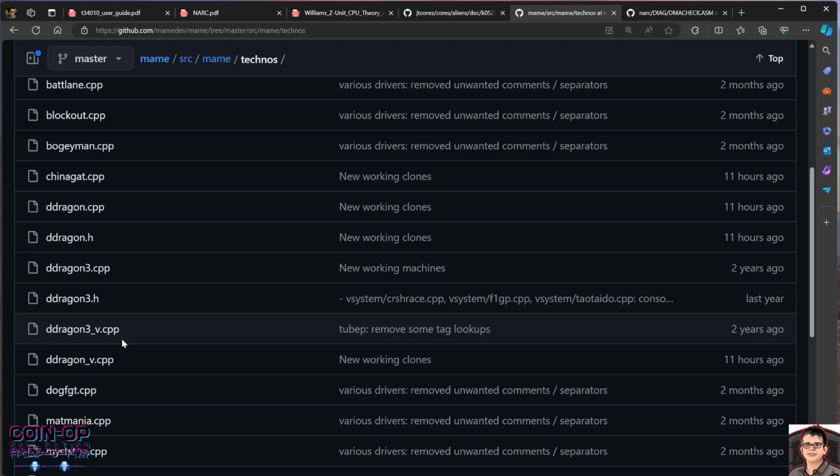What happened was A-Track had the board, and he managed to capture some information for me on the traces, where pins are connected to, and I was able to figure out why my sound wasn't working properly. But again, that information doesn't exist in MAME.